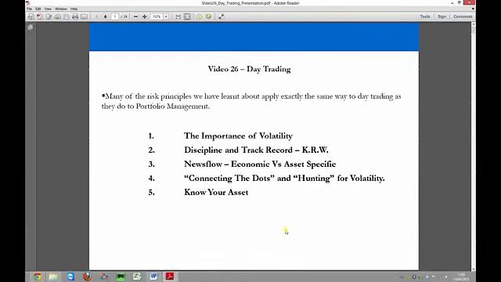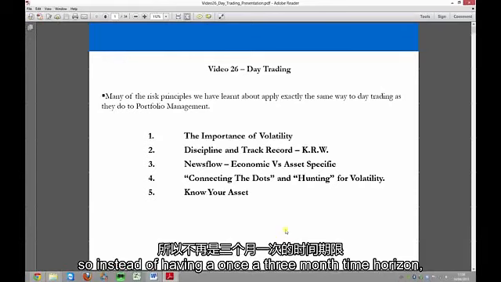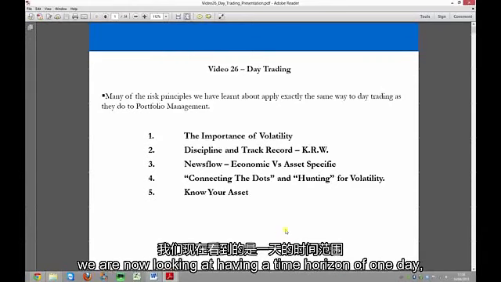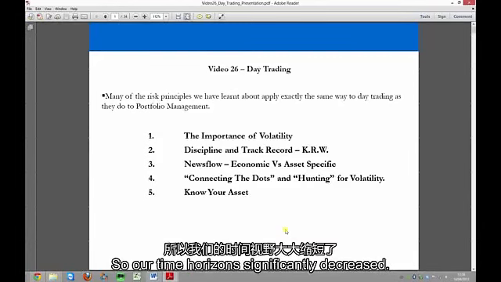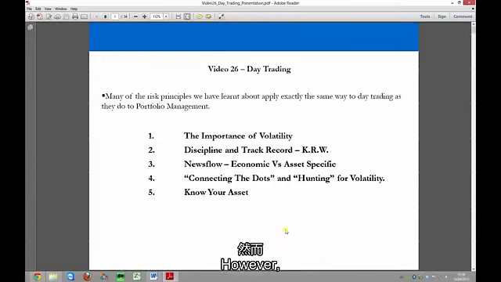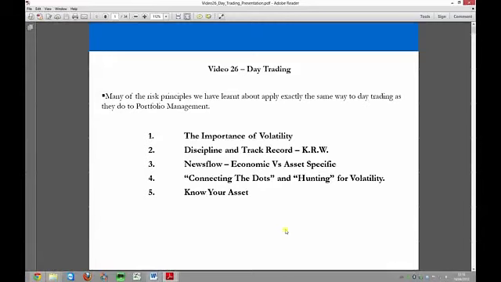But now our time horizon has significantly reduced. Instead of a 1 to 3 month time horizon, we're now looking at a time horizon of 1 day or maybe just a few days. However, a lot of the principles and concepts that you've seen so far throughout the video series apply.